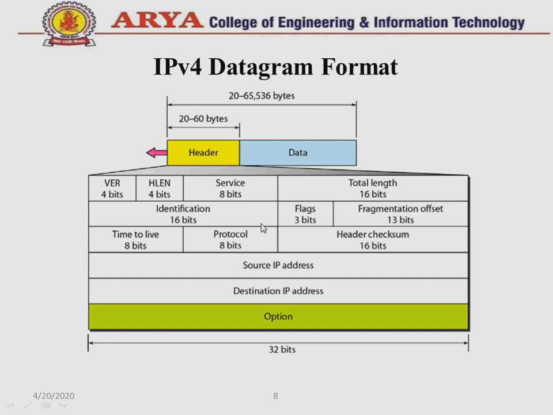Identification number is 16 bits, 3-bit flags, fragmentation offset is 13 bits, time to live is 8 bits, protocol is 8 bits, header checksum is 16 bits, and here are the source IP address, destination IP address, and options. The header is organized in 32-bit rows in IPv4.